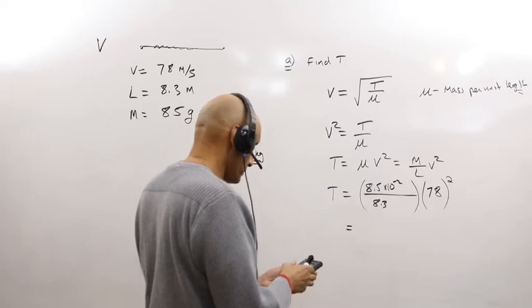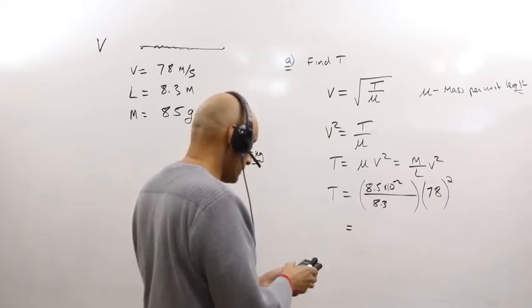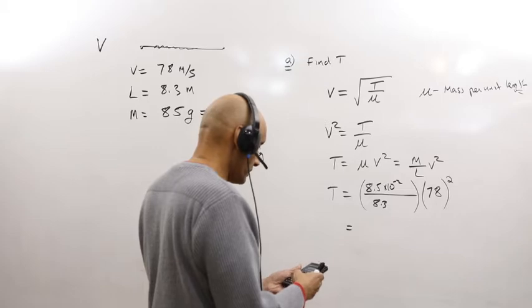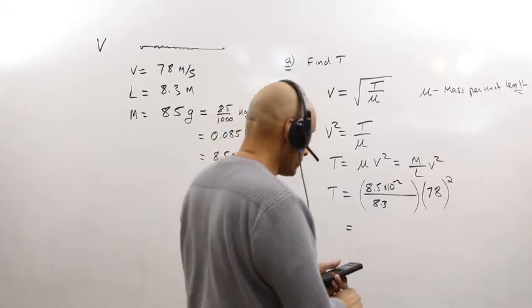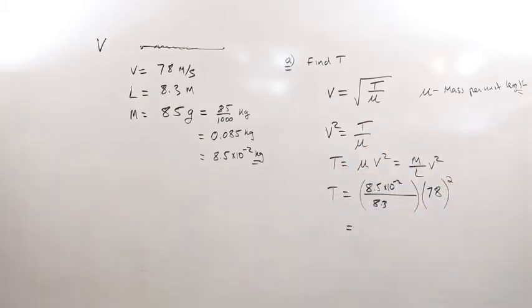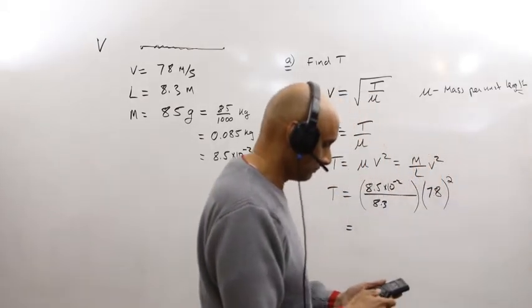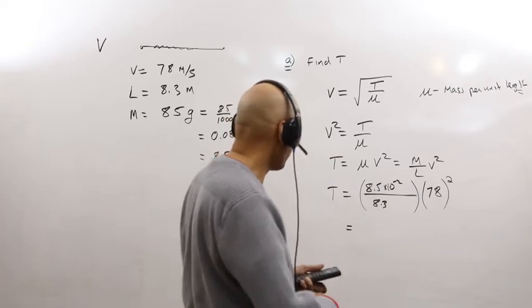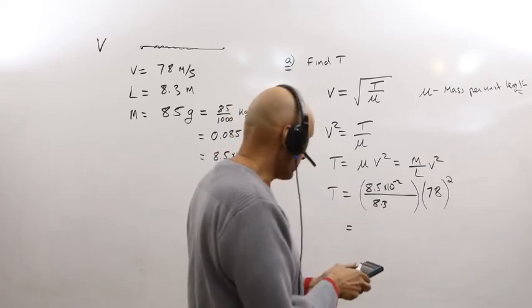8.5 exponent minus 2, divided by 8.3, multiplied by 78 squared, gives me a value of 62.3. Let me do it again.